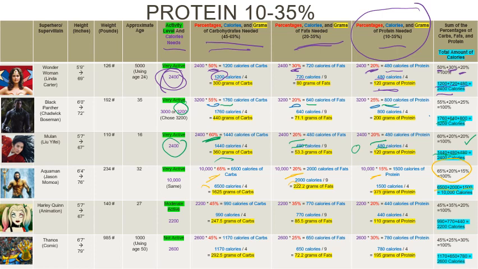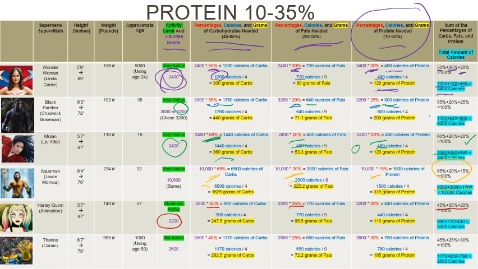Now for Harley Quinn. She consumes about 2,200 calories a day. And remember, she consumes 45% calories from carbohydrate, 35% calories from fat, and when you calculate 100 minus 45 minus 35 equals 20. So when you do the reversal, 45 plus 35 plus 20 equals 100.